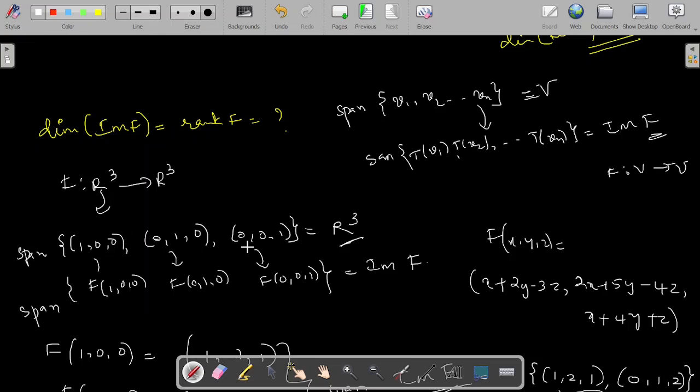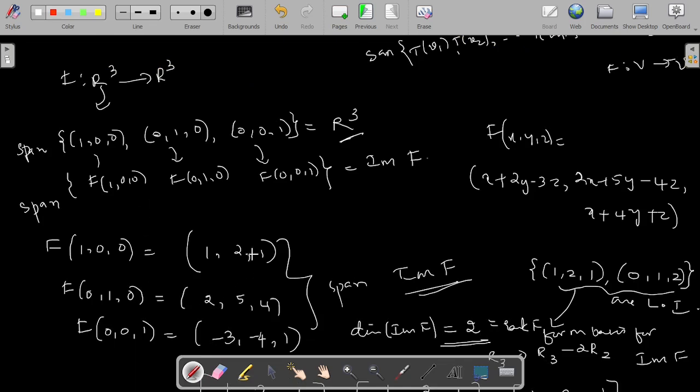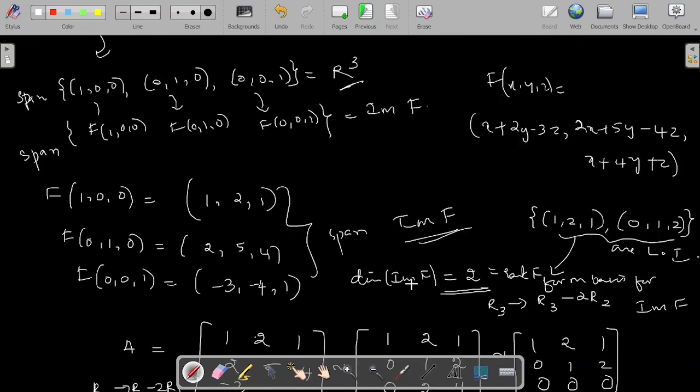So after applying the transformation, where these standard basis vectors will go, you got 3 vectors now. Now these 3 vectors span the whole image of F, but we need linearly independent vectors. Then only that becomes a basis.